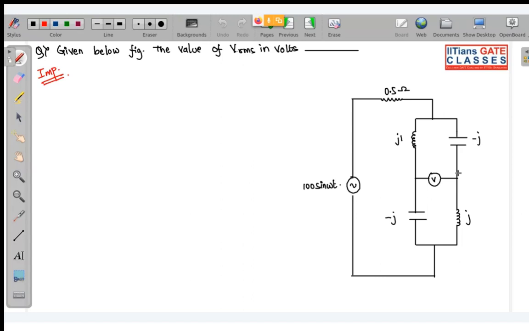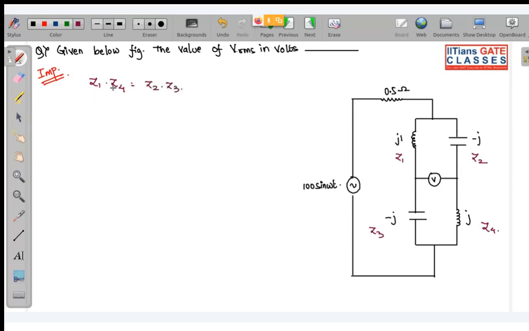No, sir, because the phase balancing is not balancing. Okay, we will see. Most students know, let us assume this is Z1, this is Z2, this is Z3, this is Z4. In most coaching, even we have seen Z1 into Z4 is equal to Z2 into Z3.